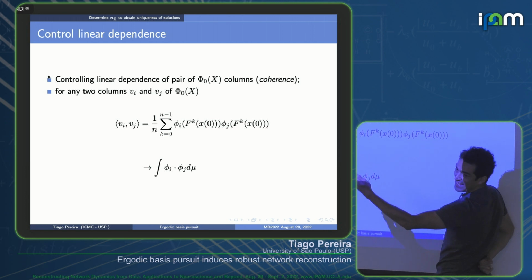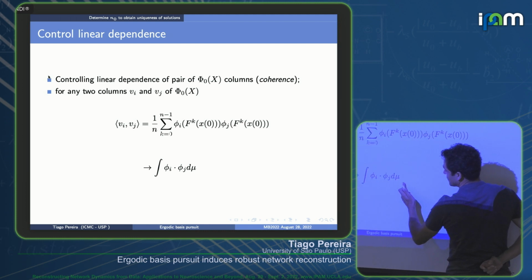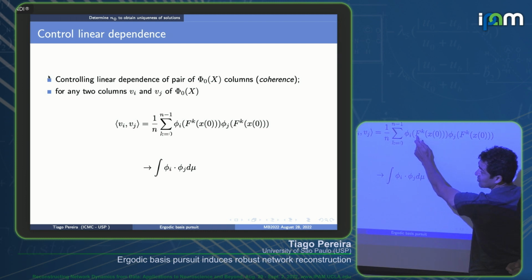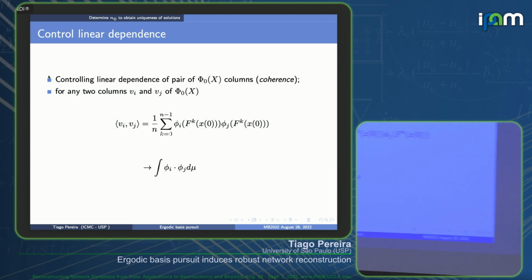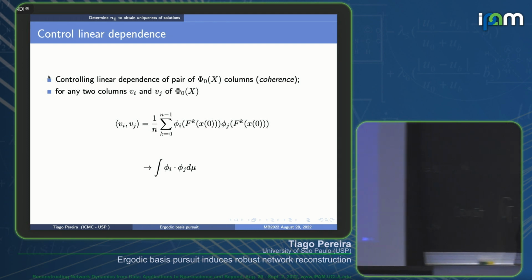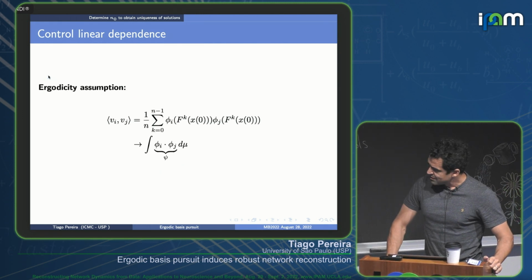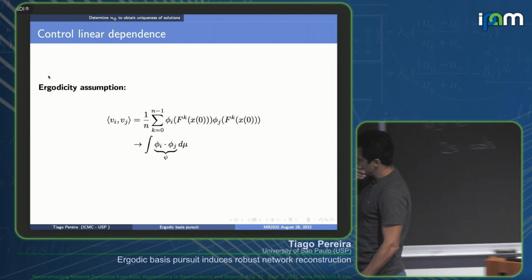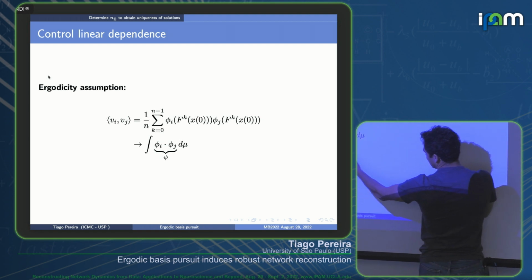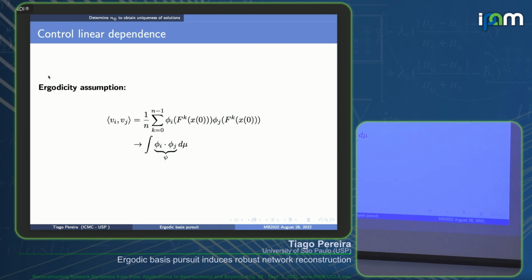By the way, I don't want to take n to infinity, but there's this theorem that says it goes to the space average, where this mu here is the probability measure that's preserved under F. So there is a theorem that tells you that this thing here will converge to this thing. This is my ergodicity assumption. Just for the sake of simplicity, I will call this product here psi. You see, it's just a Birkhoff average.